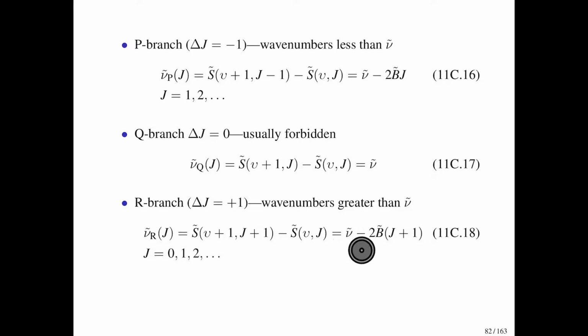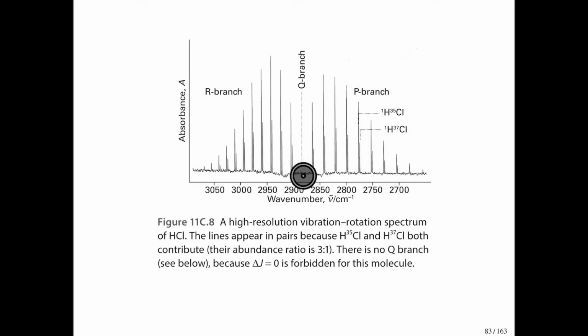This should be a plus sign, so it should be nu plus 2B(J plus 1). That would cause the wave numbers to get larger as J increases. And so these would correspond to transitions between J equals 0 and J equals 1, J equals 1 and J equals 2, 3 and 4, etc. And as you see here, the frequencies for those transitions just get larger and larger.